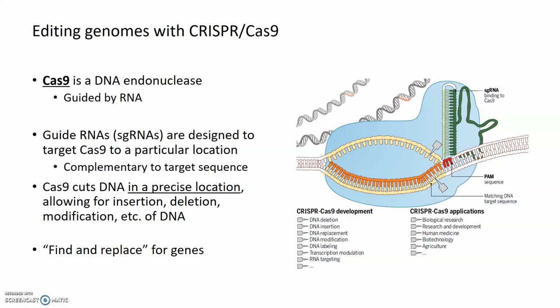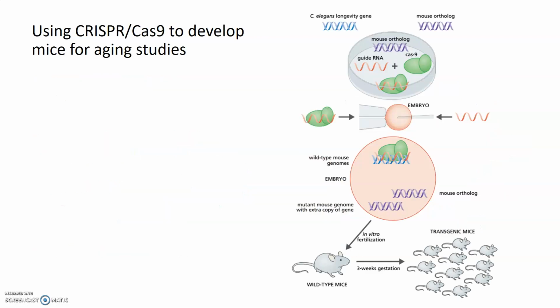And so if you want to generate a mouse for an aging study, for example, you can see how that would happen here. You have the C. elegans longevity gene that you've been studying and you have characterized very well in this lower organism. And then you use software to identify an ortholog, or basically the homologous gene, in the mouse. You then use the guide RNA that you've designed and you mix it in a dish with the enzyme Cas9.